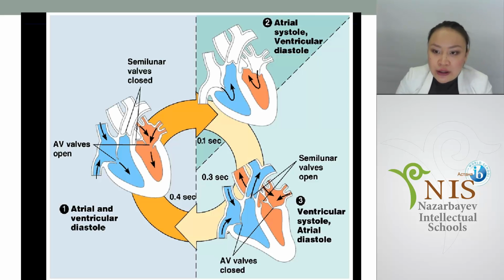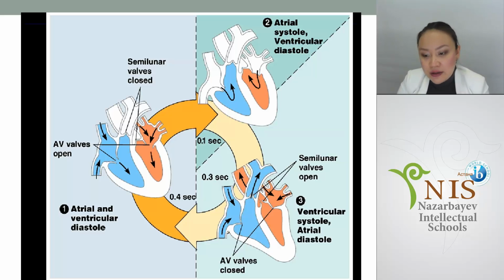Okay. Now look at this picture. How long does it take? The overall one heart cycle takes 0.8 seconds. Atrial systole, ventricular diastole, 0.1 second.